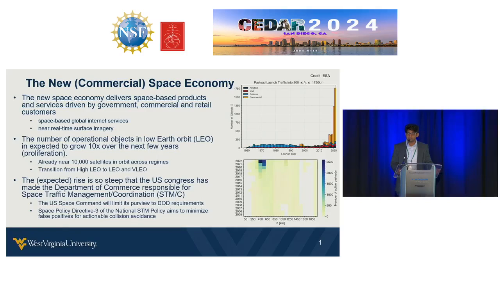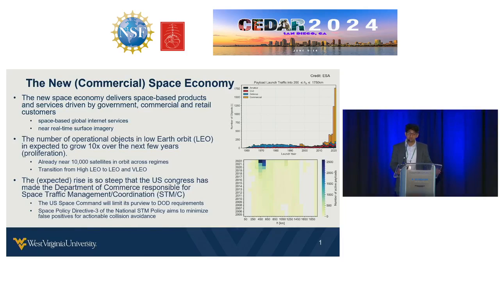And as I mentioned, this is primarily driven by the commercial space economy. I'm sure you're all aware very much so about the mega constellations that are currently in orbit, as well as the planned ones. We are already at 10,000 active satellites. That's pretty much 5 times what we were about even a decade ago.